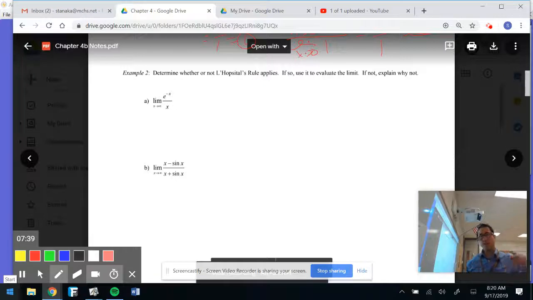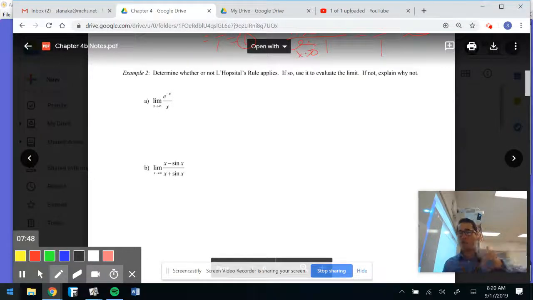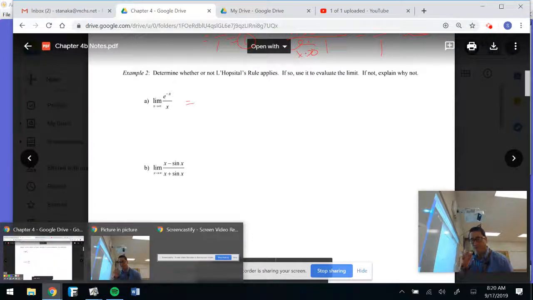So hopefully right now you're wondering, does L'Hopital's rule always work? Well, it does if you get 0 over 0 or infinity over infinity. Let's take a look at these. What you always want to be careful of is the first thing you're supposed to do whenever you evaluate a limit, which is direct sub.